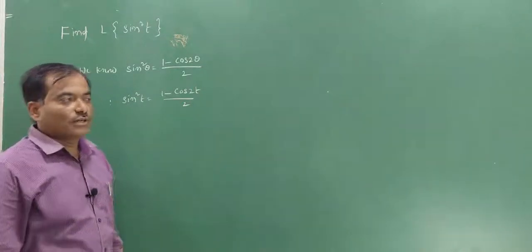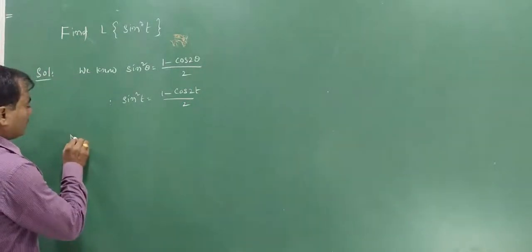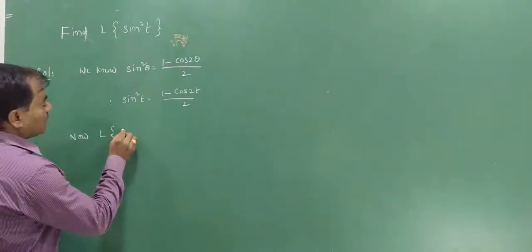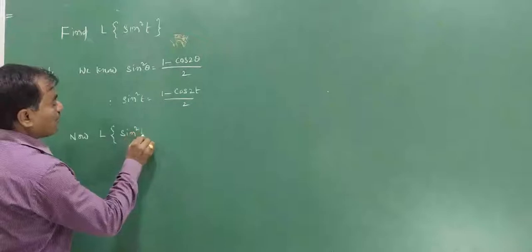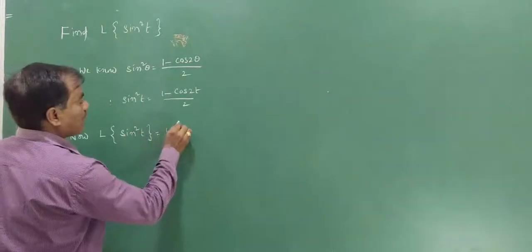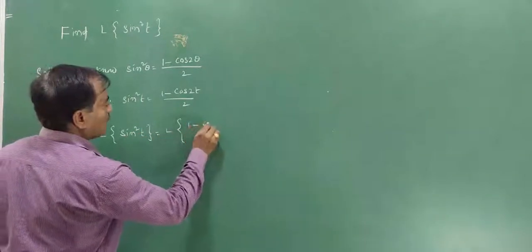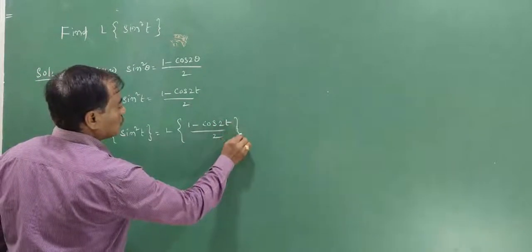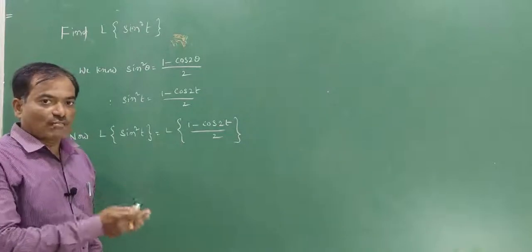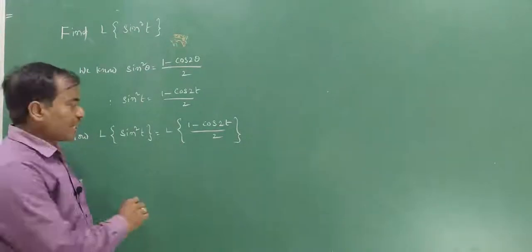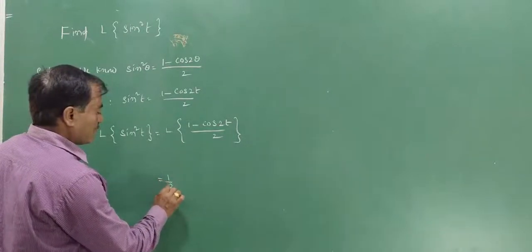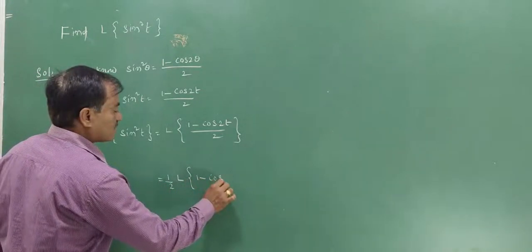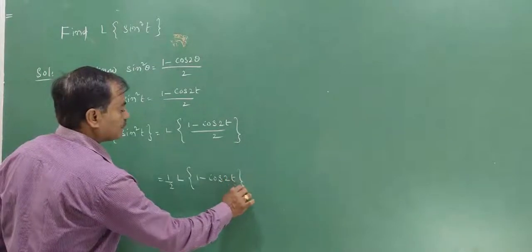Now we have to find the Laplace transform of sine square t, which equals the Laplace transform of 1 minus cos 2t by 2. Here 1 by 2 is a constant, so it goes outside the operator. 1 by 2 times the Laplace transform of 1 minus cos 2t.